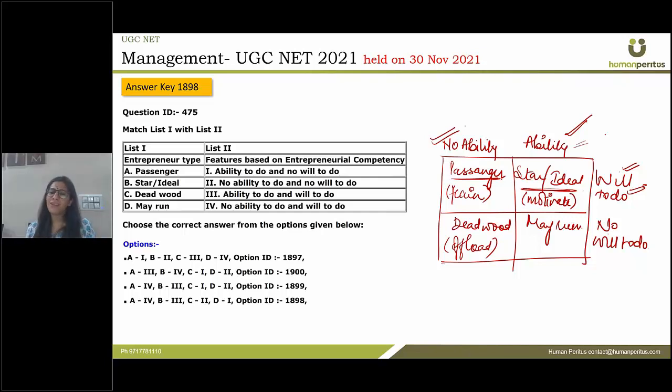These may be motivated further, or counseled further so that they try to generate a will to do that because they already have the ability. So by having a look at the box, we can clearly mark the correct option, which is 1898, as the correct option.